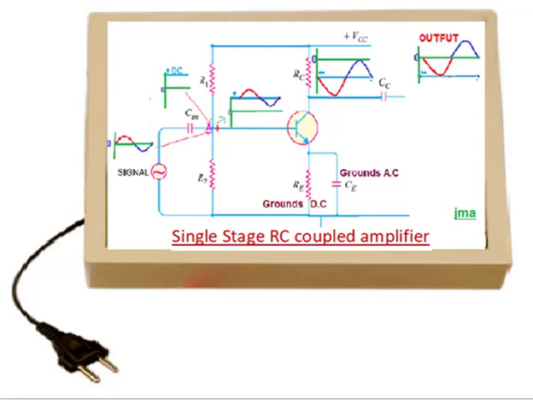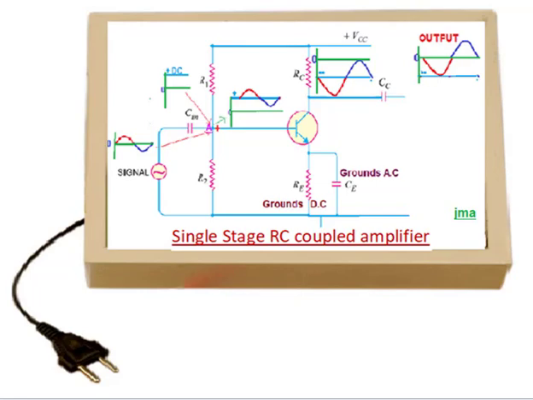You know well that transistor amplifiers have several types: class A, class B, class AB, class C, and many more classes. Already we have discussed what class A, class B, class AB, and class C amplifiers are.